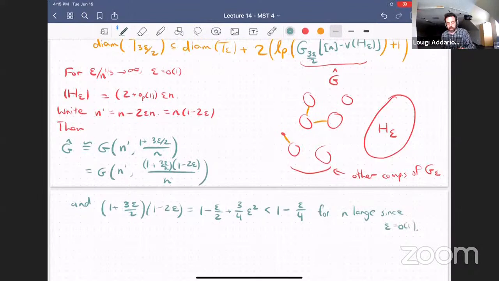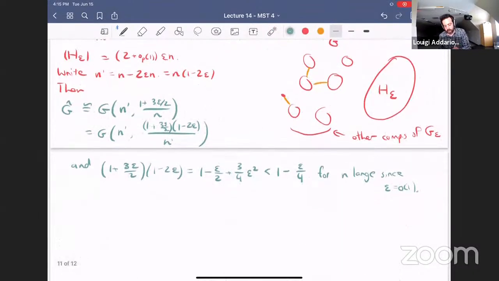Okay, so the point is that what's left out here, even after we add these yellow edges, the edges that take us from epsilon to 3 epsilon over 2, still looks like a subcritical random graph. It's not quite as subcritical. We got an epsilon over 4 instead of an epsilon, but it's subcritical.